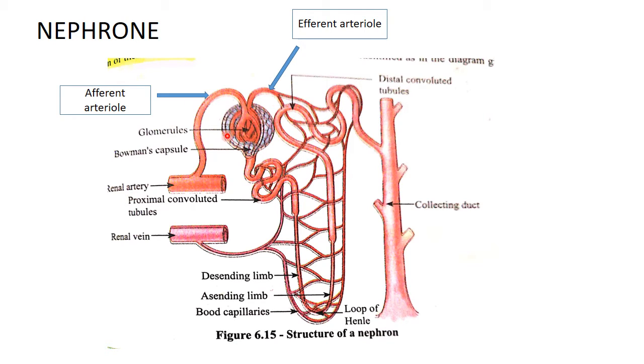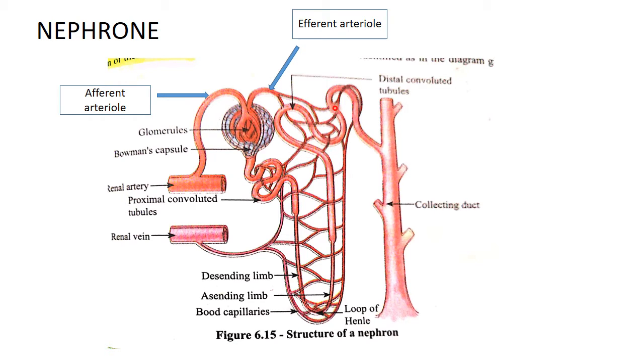Now this is Bowman's capsule, and after that this part is known as the proximal convoluted tubule, and this descending part is the descending limb, and this part is known as the loop of Henle, and this one the ascending limb.